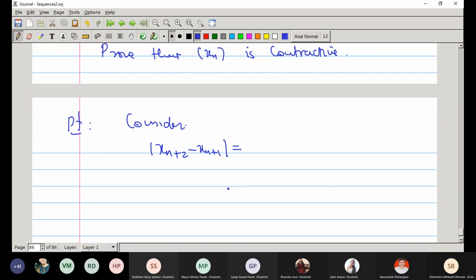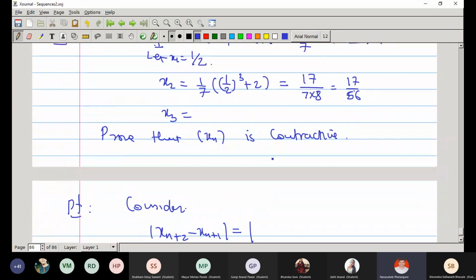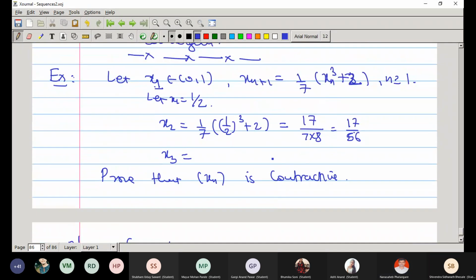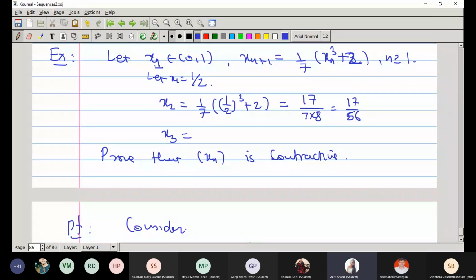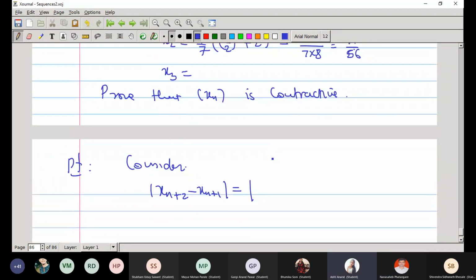So by definition of xn, what is xn plus 2? Now you tell me, by definition, what is xn plus 2? It is 1 by 7 into (xn plus 1 cube plus 2), minus xn plus 1, which is 1 by 7 (xn cube plus 2).